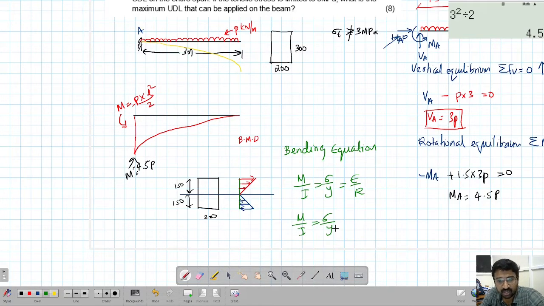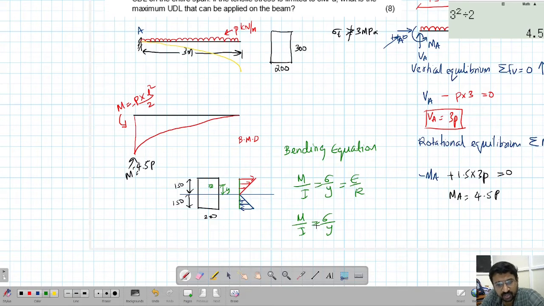With respect to y we get different stresses. Y is the location of the point where we want to find the stress, always measured from the neutral axis. Let's say you want to find the stress at 75 mm from the neutral axis. So what do you do?